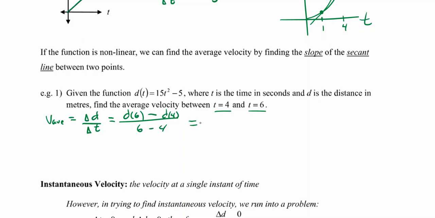When you find the distance at 6 seconds, you'd just be plugging 6 into that. I won't do that step. You'd end up getting 535 minus 235 over 6 minus 4. And then that comes out to 150 meters per second.